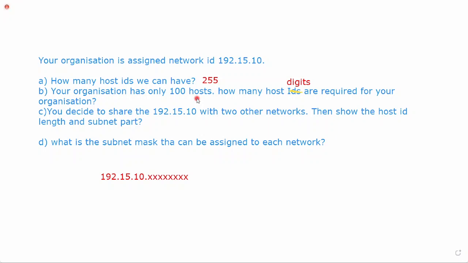So to get 128, how many digits do you need? 2, 4, 8, 16, 32, 64, 128. You need 7. 1, 2, 3, 4, 5, 6, 7.